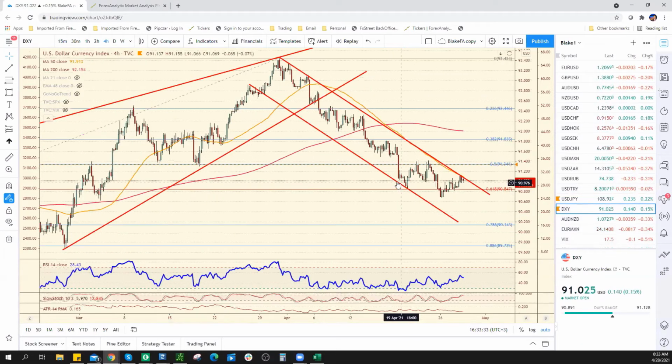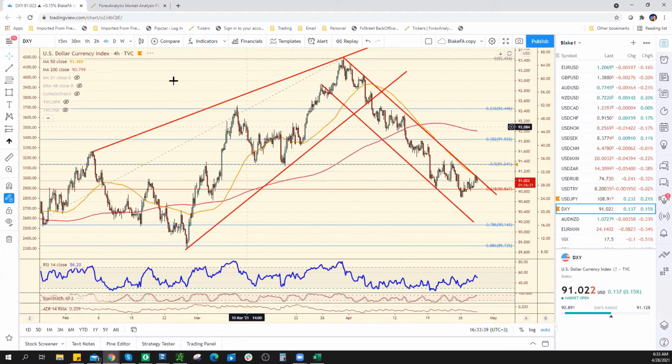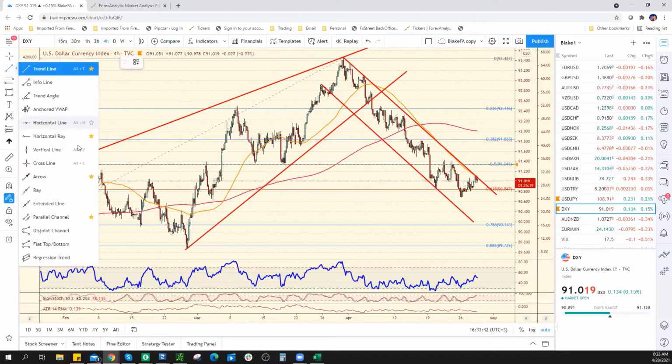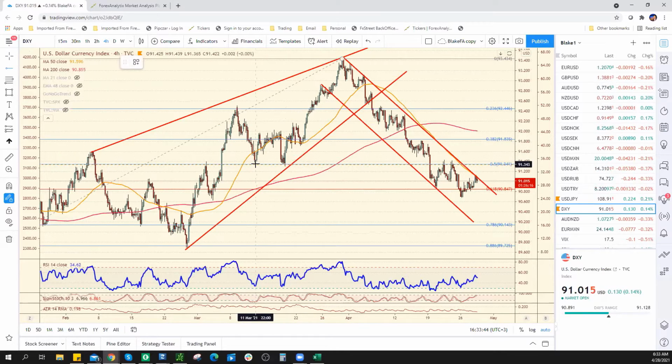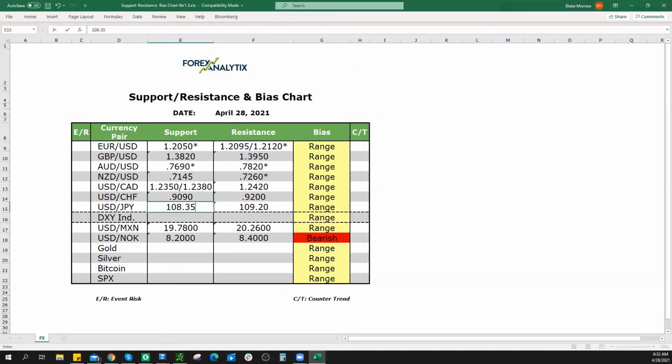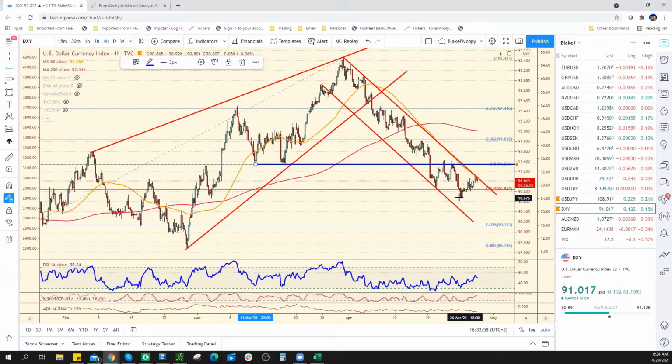Dollar index, we're in the down-sloping or descending channel. This, in my opinion, is the determining factor of the dollar index recovering, and that's going to be at basically 91.40. Support will be these lows right here at 90.70.